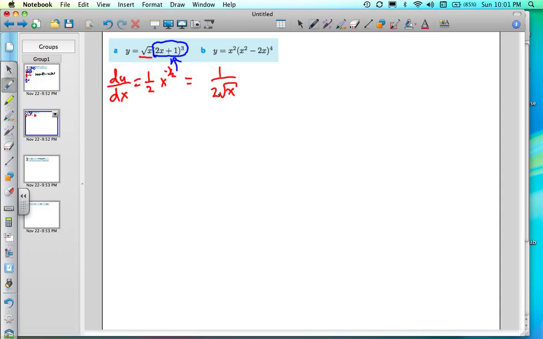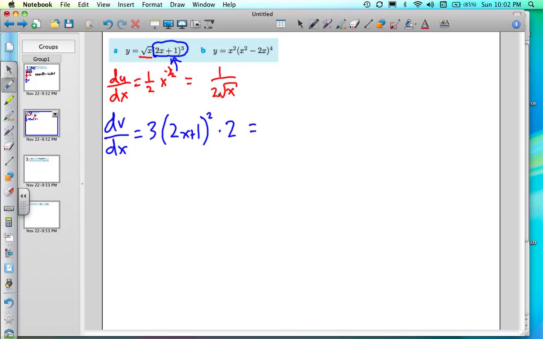The derivative of the second function, blue. So dv dx. Remember, imagine 2x plus 1 is just a variable, so it's going to be 3 times what's in the parentheses, 2x plus 1 raised to the second power, times the derivative of what's inside the parentheses, which is just 2.